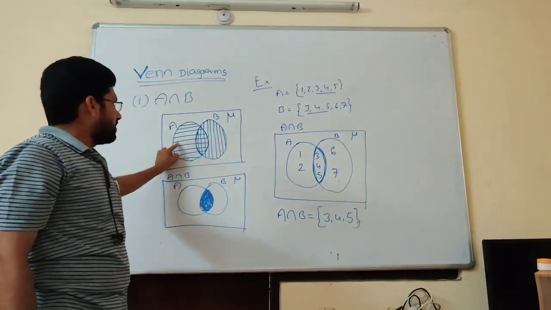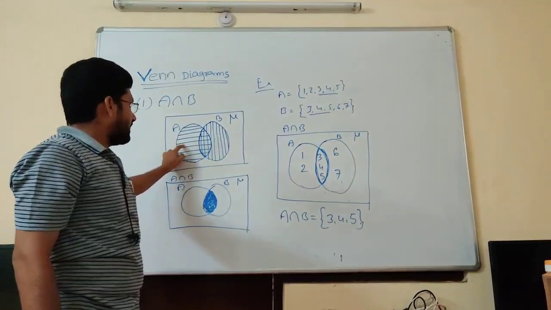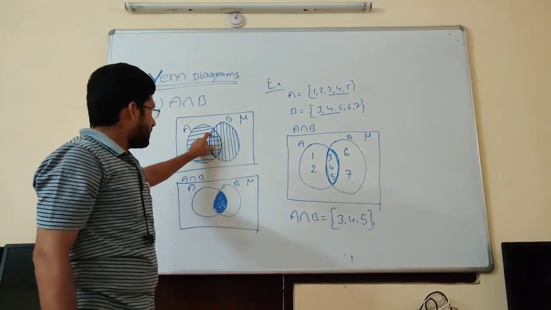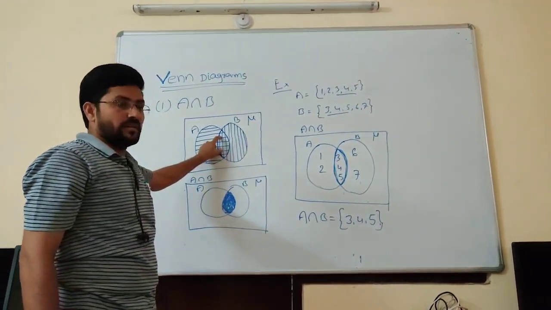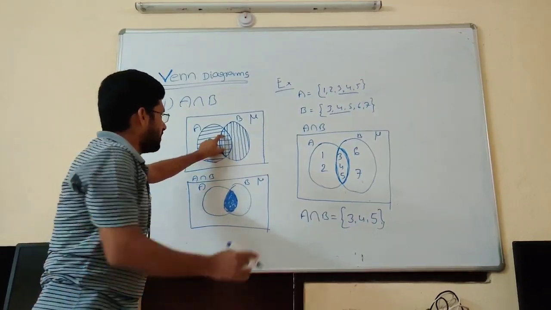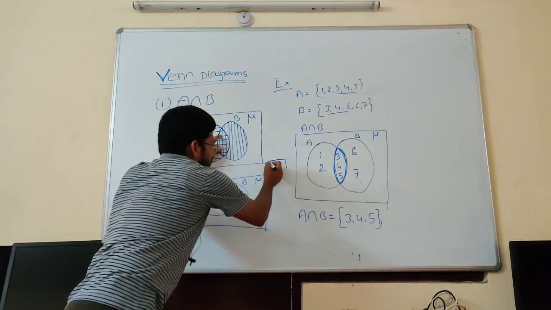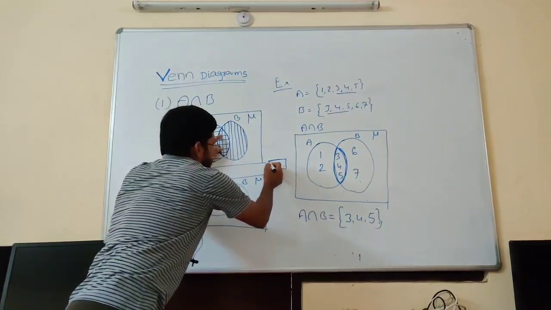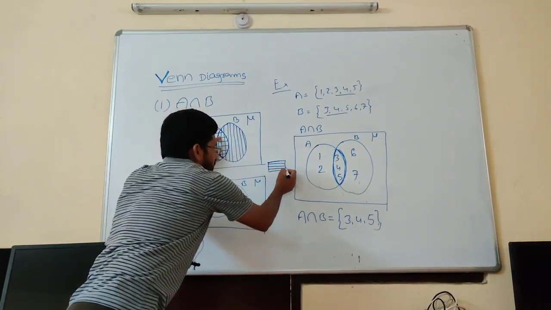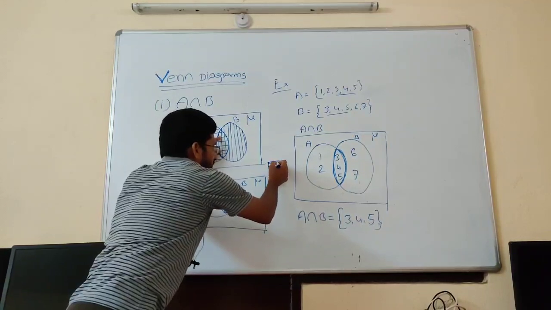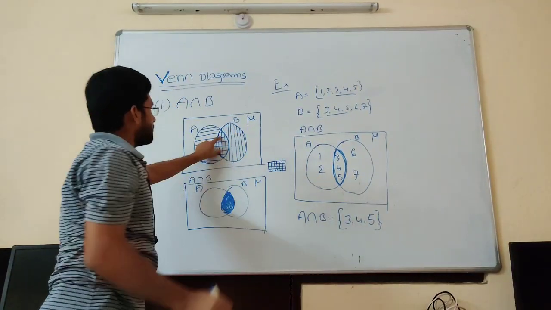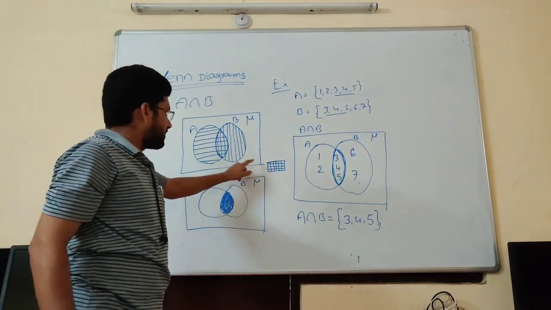So I have taken here horizontal lines, and here I have taken vertical lines, and the common part means where the vertical and horizontal lines intersect. That is our answer. Whichever portion is represented with both horizontal and vertical lines, that is our answer.